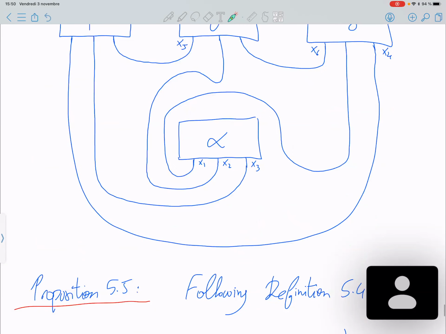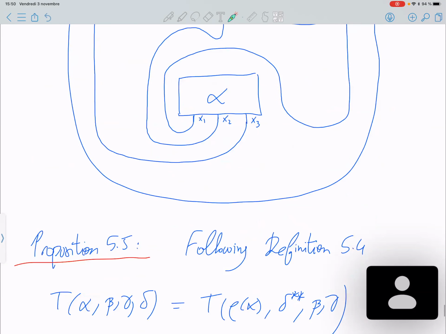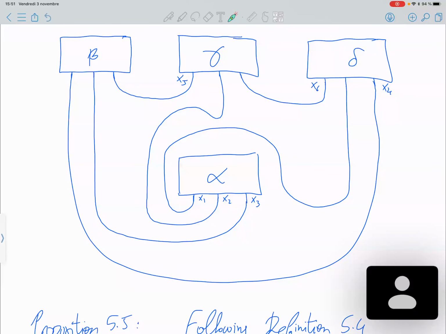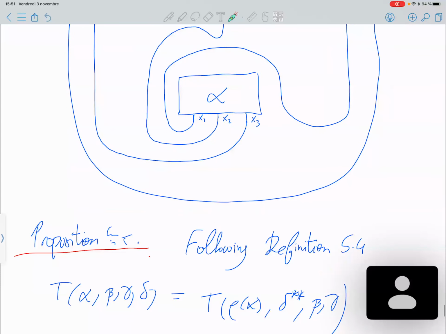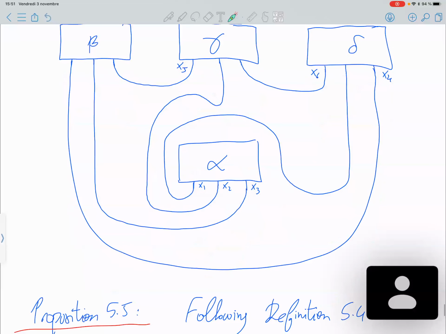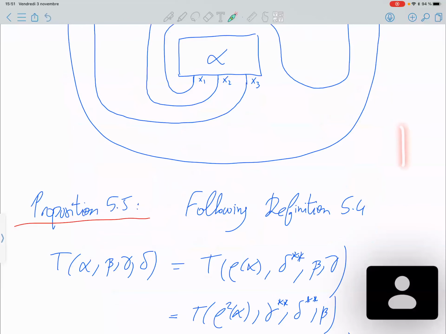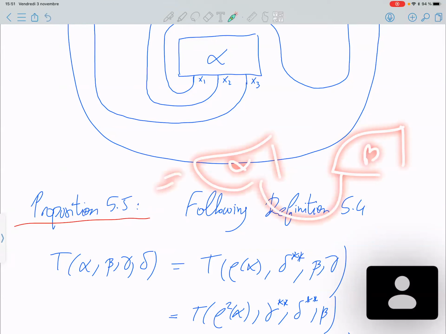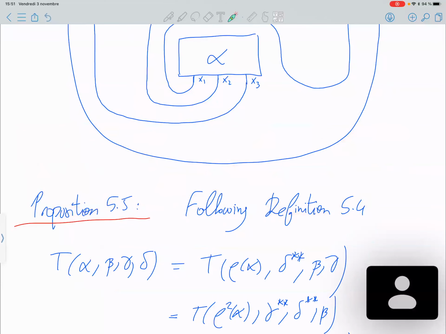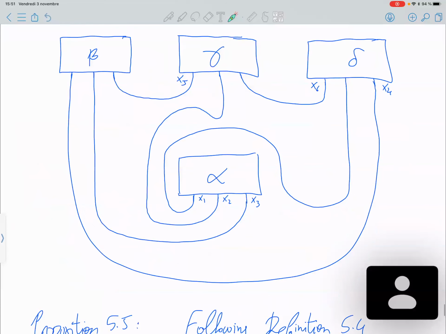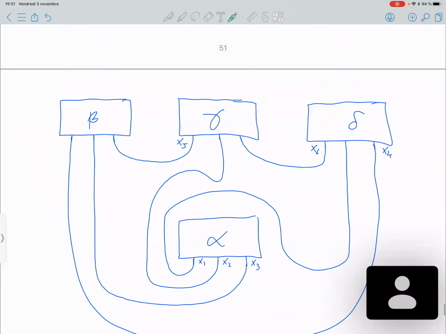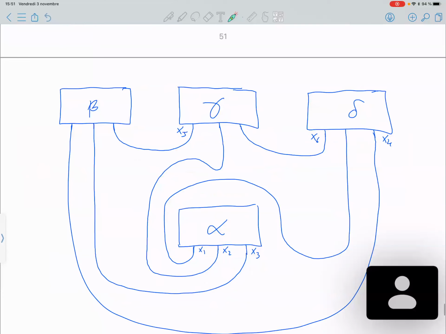The previous lemma, you remember, was lemma 2.4. You have alpha and beta, and you swap, you have beta double star alpha. I don't remember exactly, but something like that. So we will apply this lemma to this component and this component.